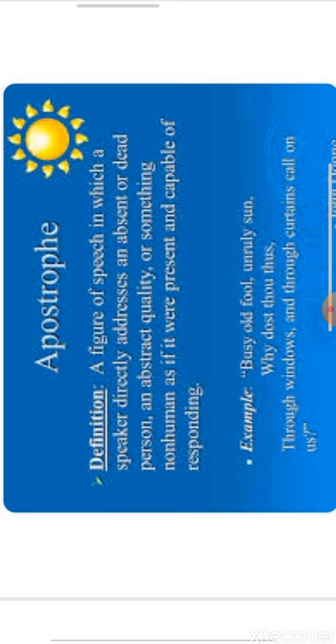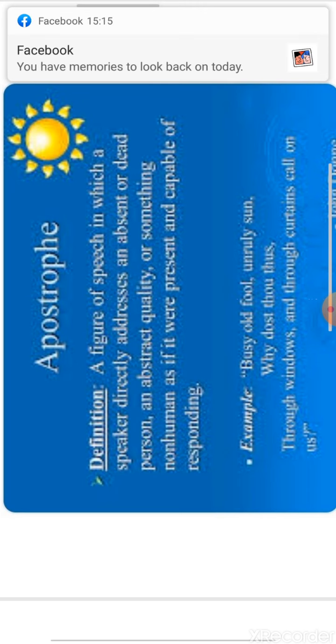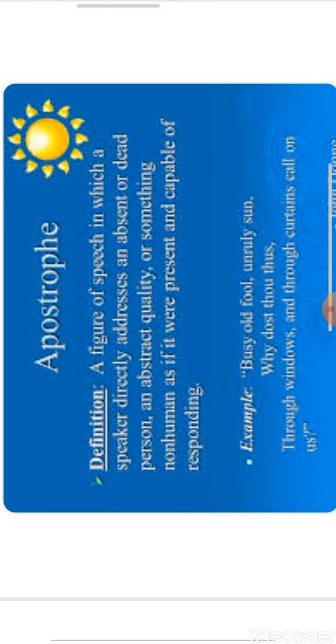Now sometimes you will find this apostrophe is also represented by an exclamatory word O. Oh, if an exclamatory word is written, that also signifies कि ये इसमें कौन सी फिगर ऑफ स्पीच है, that is apostrophe. Okay, now the writer and the speaker, they use apostrophe directly. Through this apostrophe they speak directly to someone who is not present or is dead, or speak to an inanimate object or non-living object.